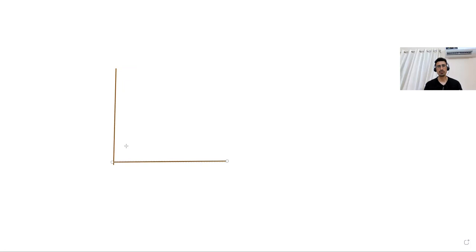Suppose this is our graph, and here lies our reactant, that's R3CX.